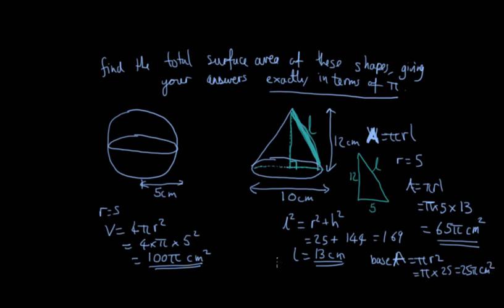And then the total surface area of the cone is 25 pi plus 65 pi, which is 90 pi centimetres squared.